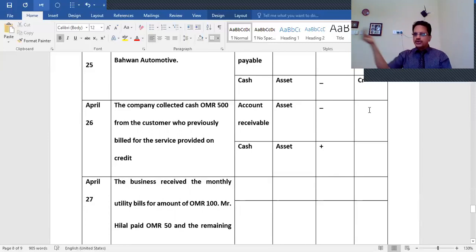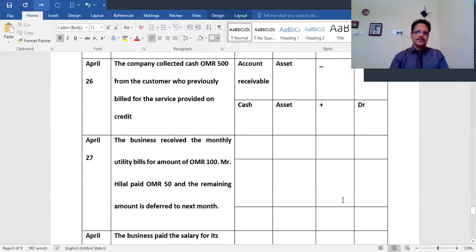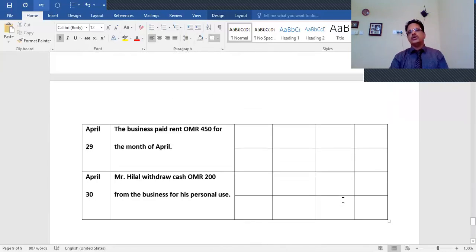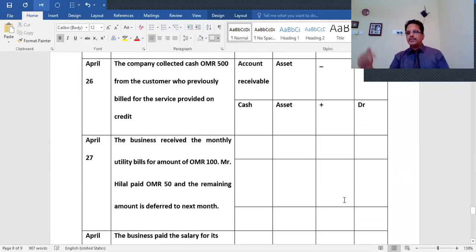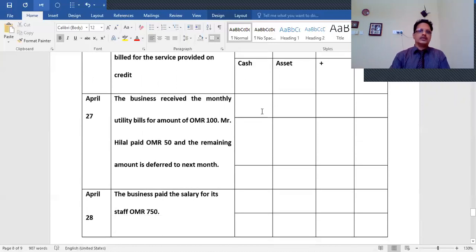Now asset decrease means credit, and asset increase means debit. That's no mistake. As for debit and credit, if you are getting two debits or two credits, you have to interpret the transaction again.